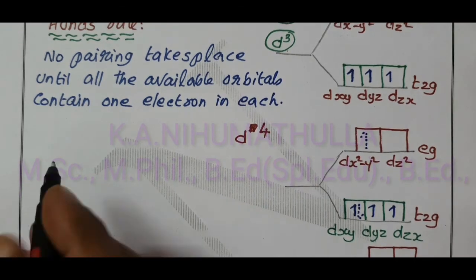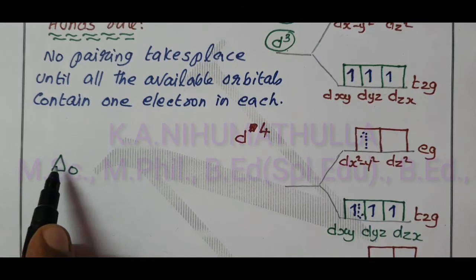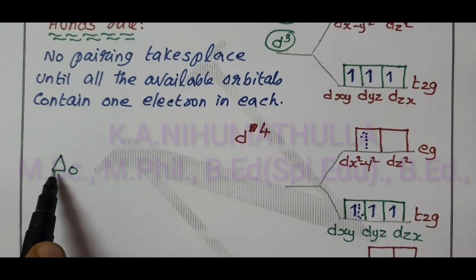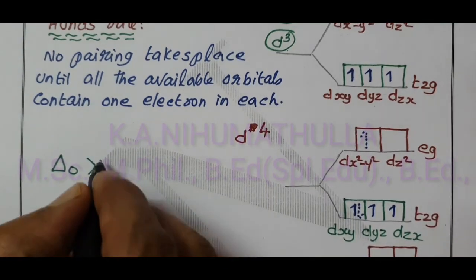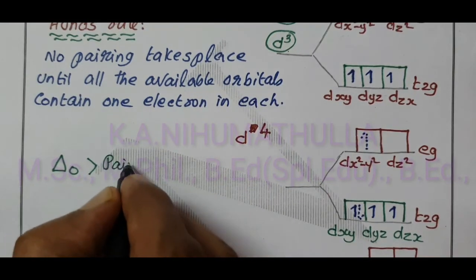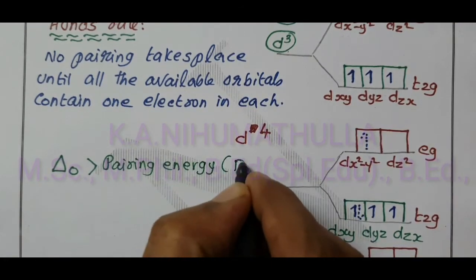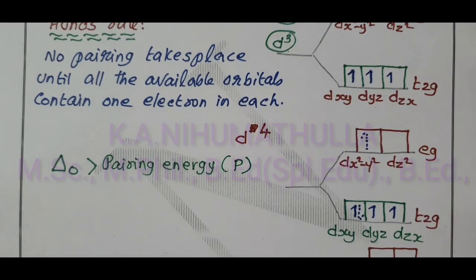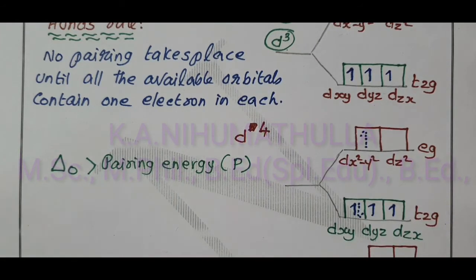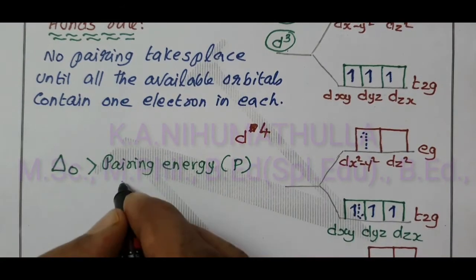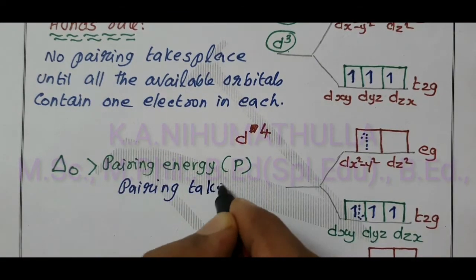If the octahedral crystal field splitting energy, Δo, where o indicates octahedral, is greater than the pairing energy, given by the symbol P, it is necessary to cause pairing in the orbital. That means pairing takes place.